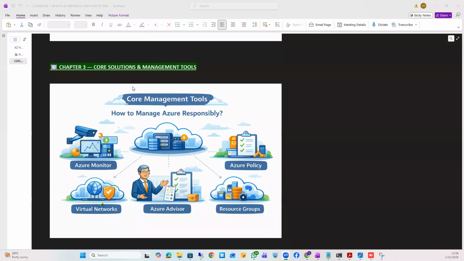So those three things. So what is Azure Monitor? Azure Monitor is basically the CCTV of Azure. This is where it monitors everything that's happening in the whole environment. I'm going to show you the Azure environment and how you can have access to it in a moment. But for now, we want to focus on the concepts.